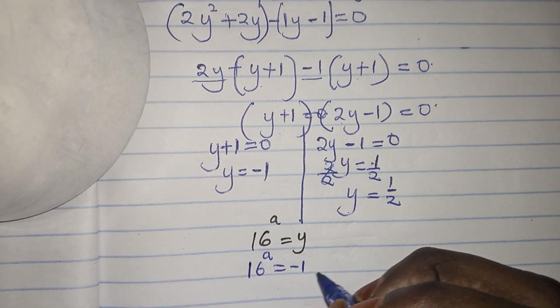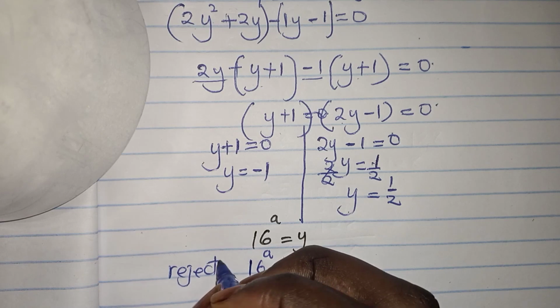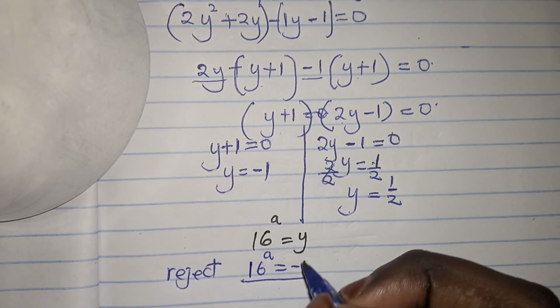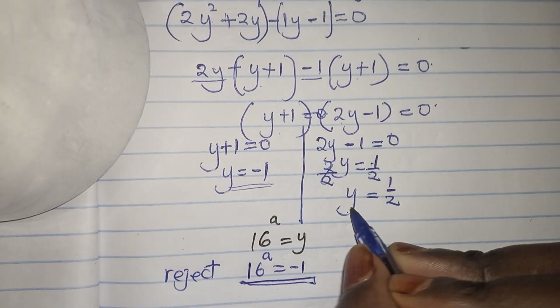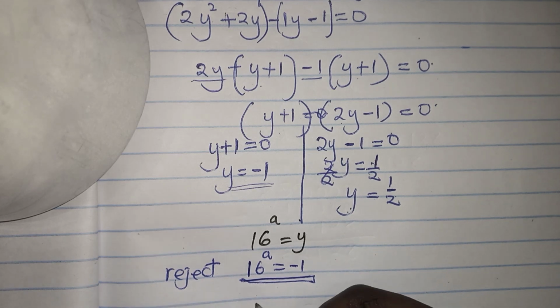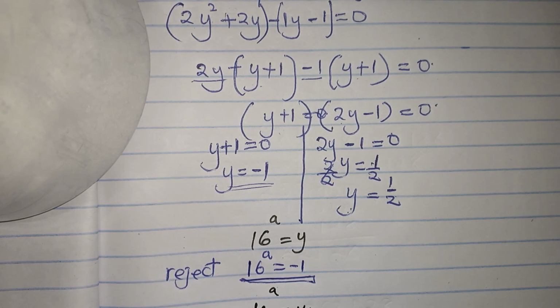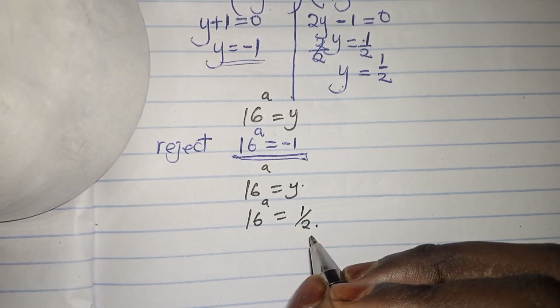We cannot take this because it's not true, so we will reject it because it's negative. We are going to reject this value of y here, and remain with y is equal to a half. So 16 to the power of a here is equal to a half.